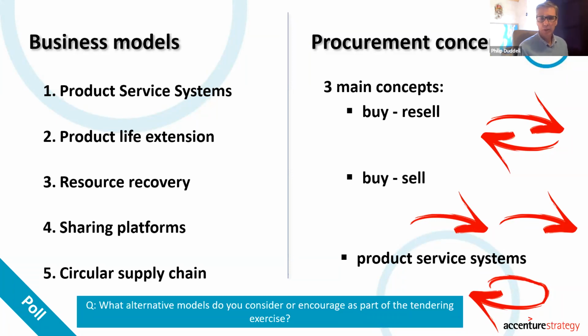We've got a short poll, so if we could have that poll up now. You've got a few questions. What alternative models do you consider or encourage as part of the tendering exercise? There are a number there. There are others, but this is just trying to highlight some of the key issues. So if you wouldn't mind having a look at that. I can see that you're doing that as we speak. I'll leave you for a second or two to do that.